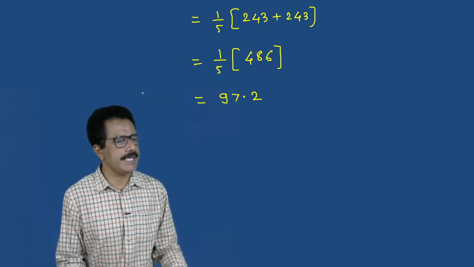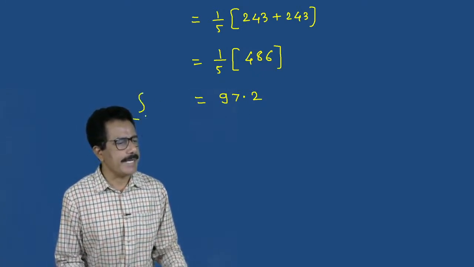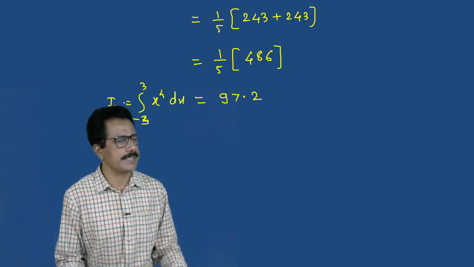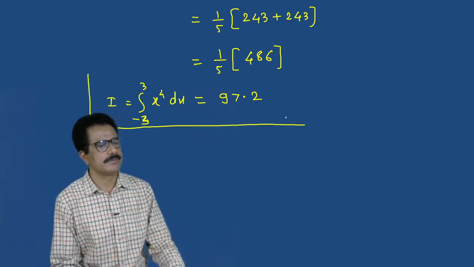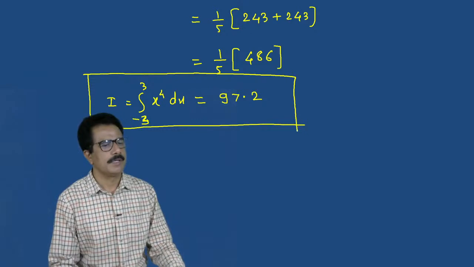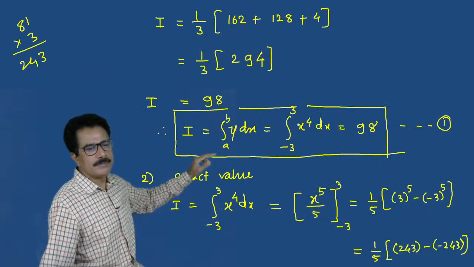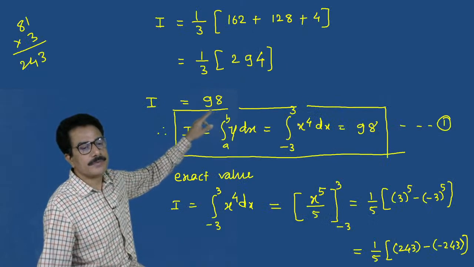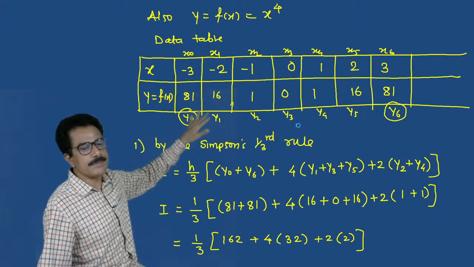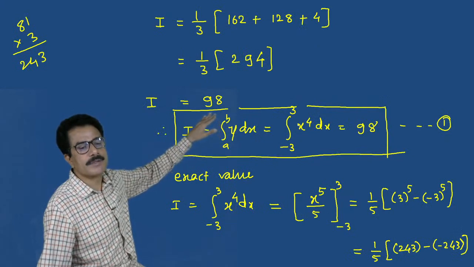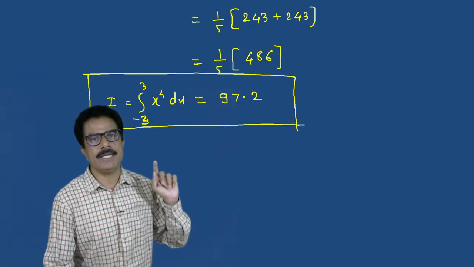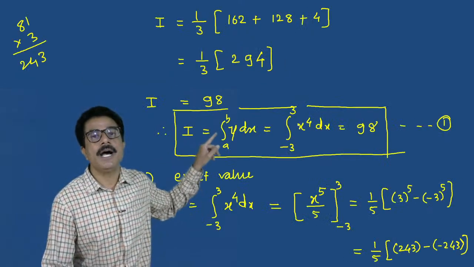Okay, this is the integral of x raised to 4 dx. This is the exact value. The exact value is 97.2. The value by using Simpson's 1/3 rule is 98. So this is the exact value and this is the approximate value.